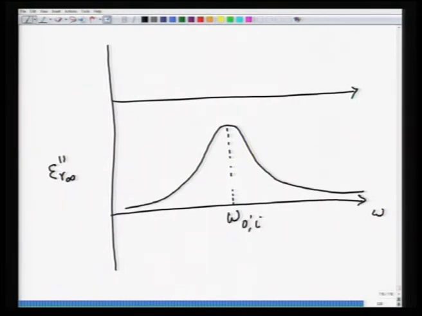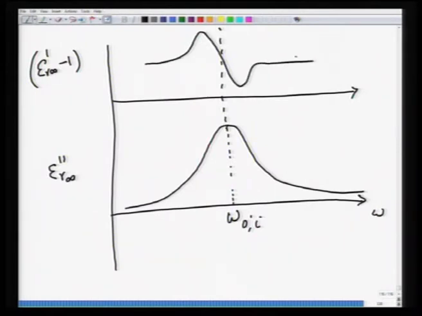So omega naught I. Whether it is electronic or ionic, the magnitude will change, and corresponding to this you will have a plot for epsilon r. So let us say in this we plot epsilon r prime minus 1. So we take 1 on the other side. So, this is the difference in the dielectric constant.